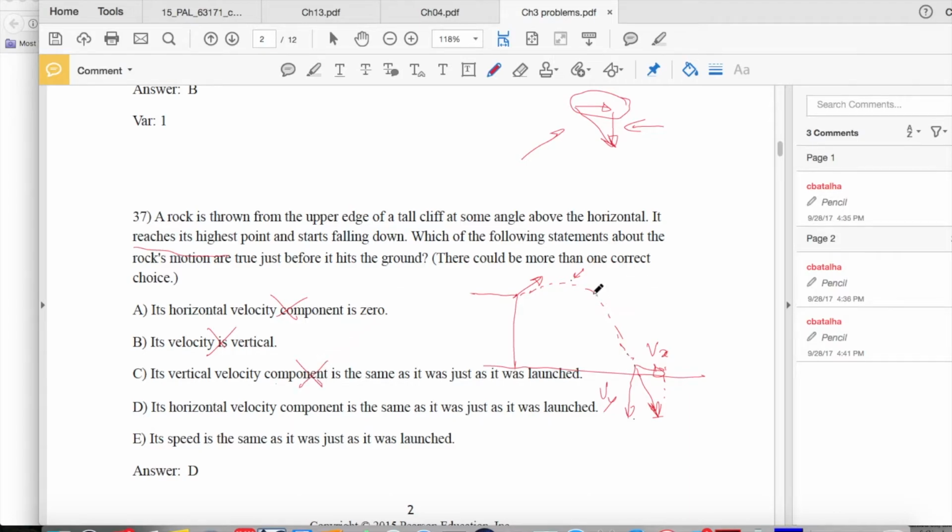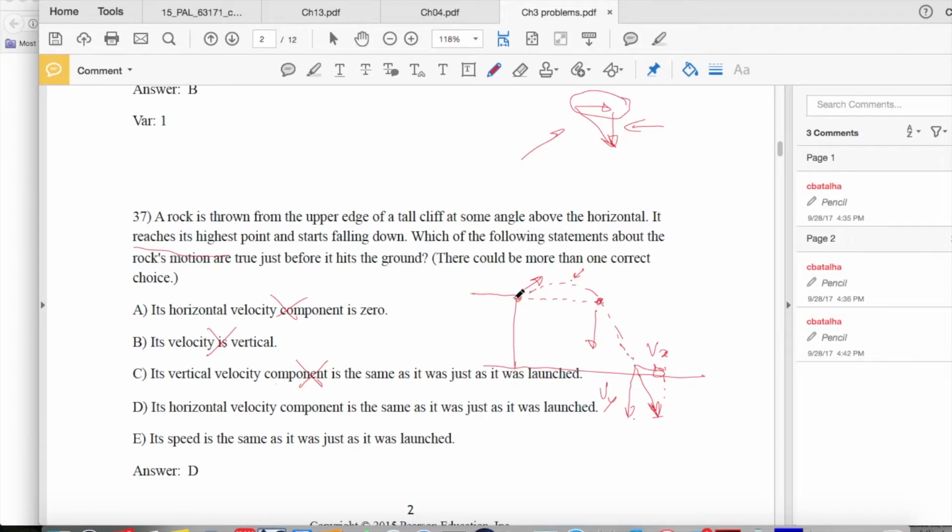That's not true. It might be, in fact, it is not anywhere. The speed might be the same here, right? At the same level, the speed is the same, but not the velocity. The velocity at this point is downward. The projection of the velocity along the vertical direction is downward, which means negative, right?